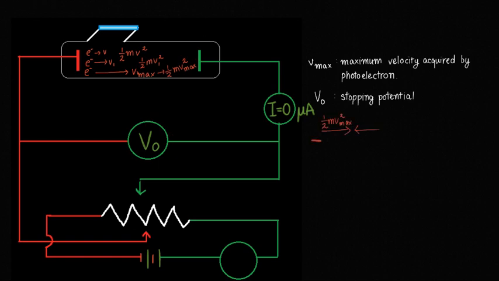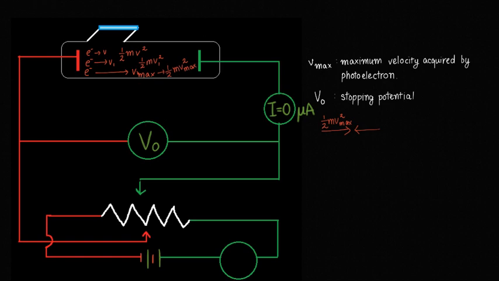If this electron has a kinetic energy half m vmax square, then in order to stop it, I have to apply the same energy, half m vmax square, to balance this force. If the two forces are balanced, there is no motion of the electron. If I apply the same opposite force, the electrons are stopped here, and no electrons are emitted from this photosensitive plate. So this work is done by the stopping potential.